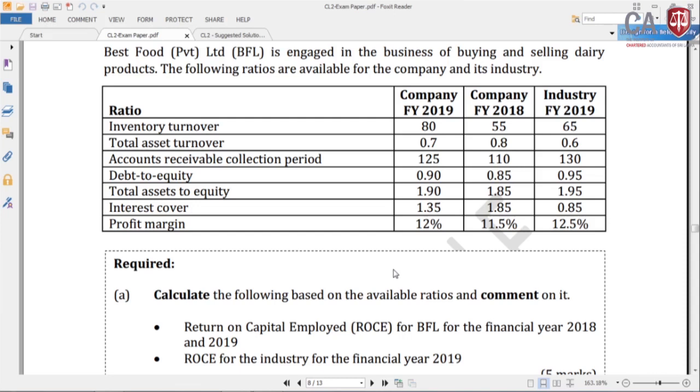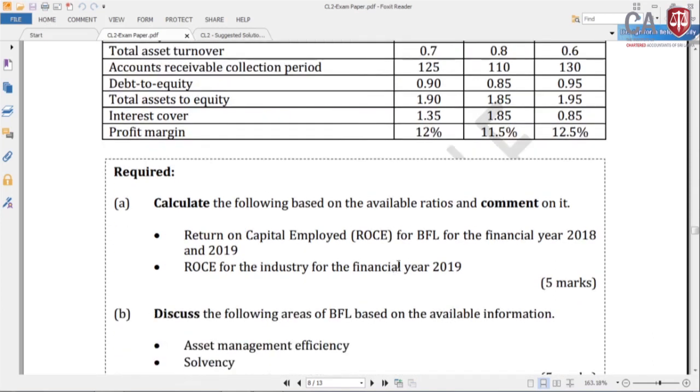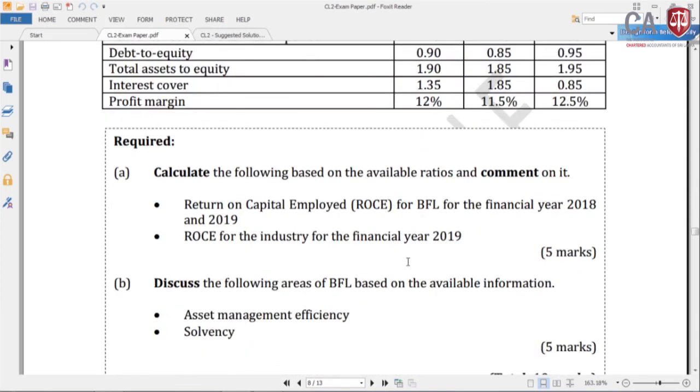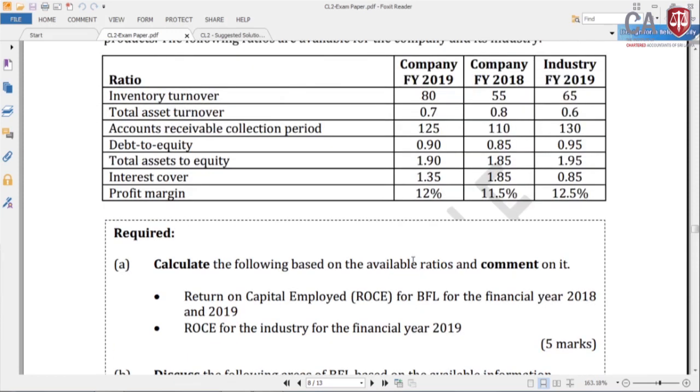Now you need to comment on these calculations. Let me start with 2018. Here it is 9.2.